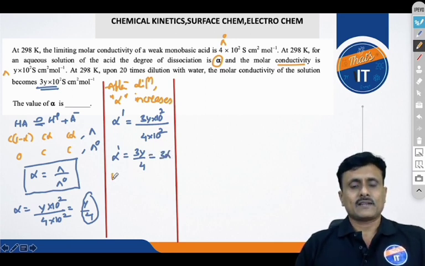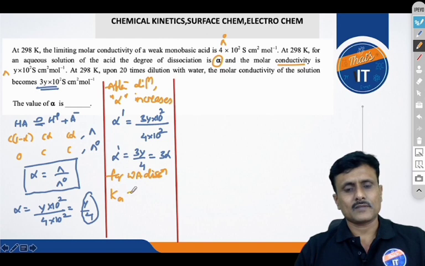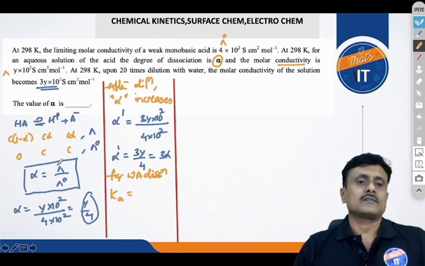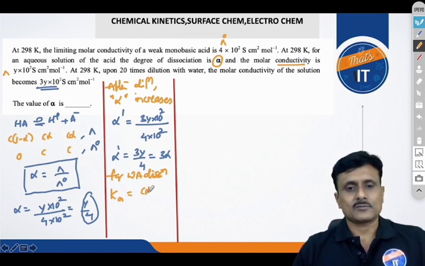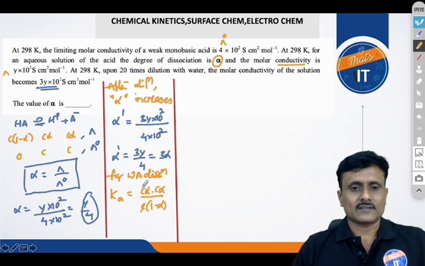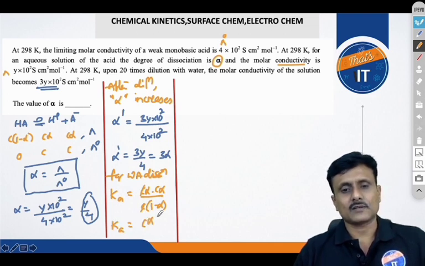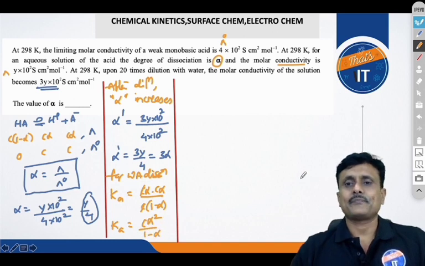As you know, for weak acid dissociation, the value of K equals C alpha into C alpha upon C into 1 minus alpha, isn't it? Therefore, you can see that C gets cancelled and K equals C alpha square upon 1 minus alpha.